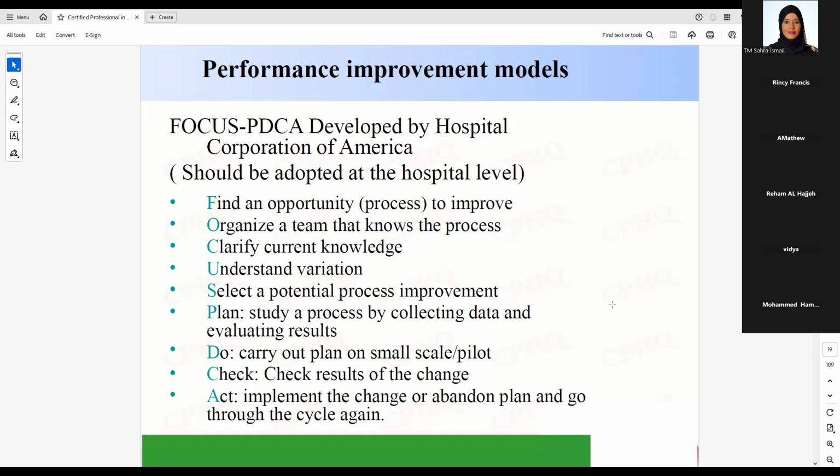Now, from the bigger process of discharge, what could be a smaller process that you can focus on? You will select where is the variation from whatever you have reviewed. So what could be examples? Maybe discharge before 12. So discharge before 12 is an issue that we're looking at.